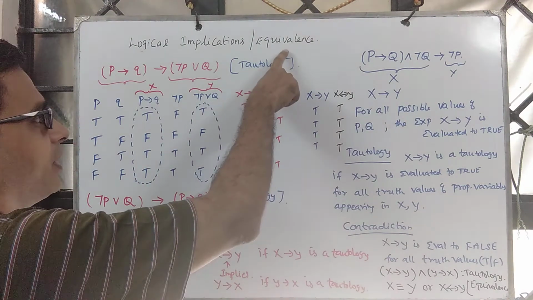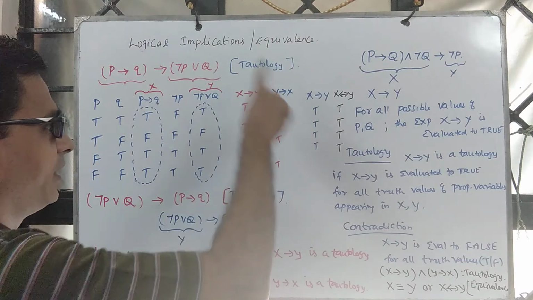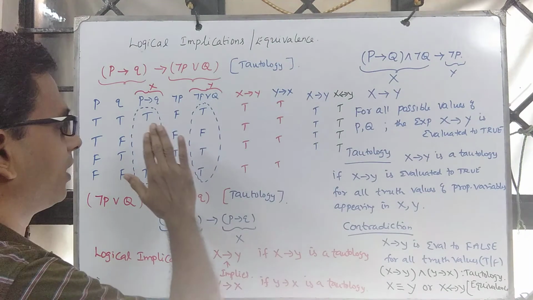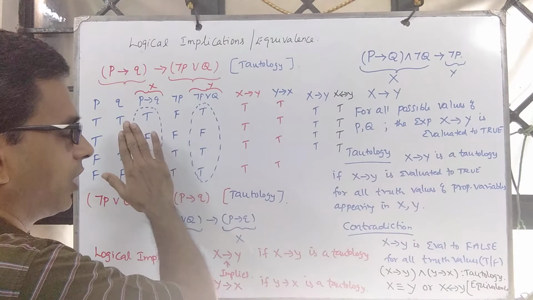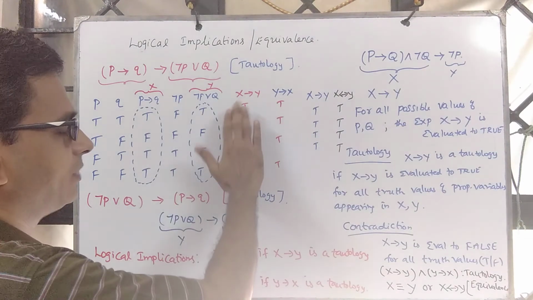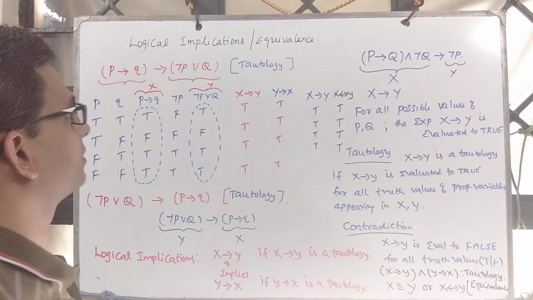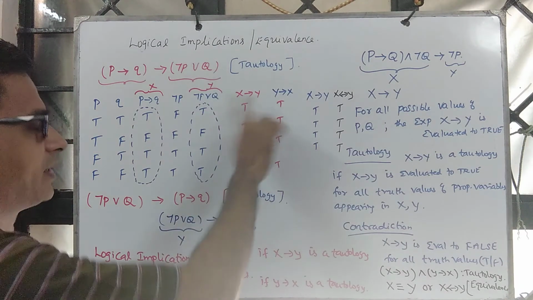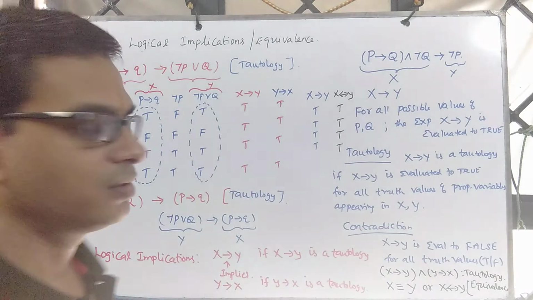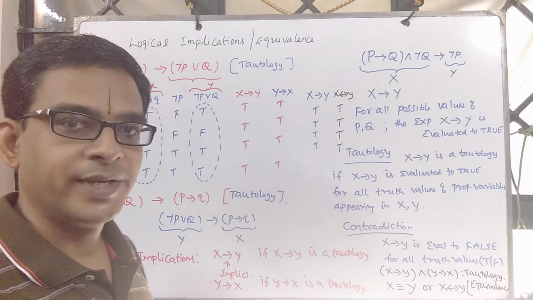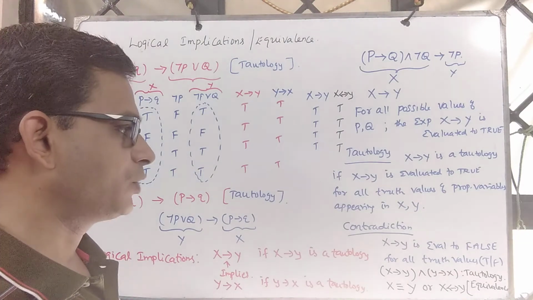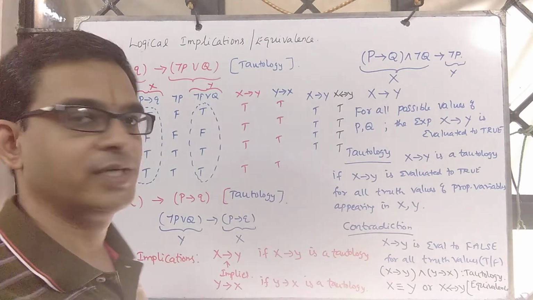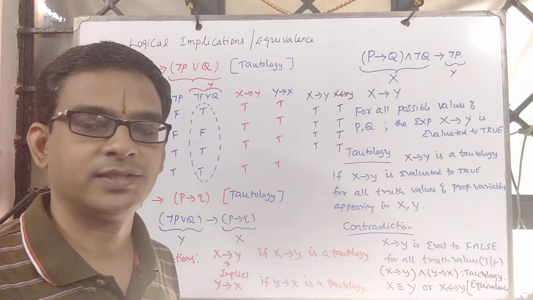If it is equivalence, then the biconditional is true, or both directions are true: X implies Y and Y implies X. If it is logical implication, it is only one direction: X implies Y alone, or Y implies X. If it so happens that both are there, then it becomes logical equivalence.